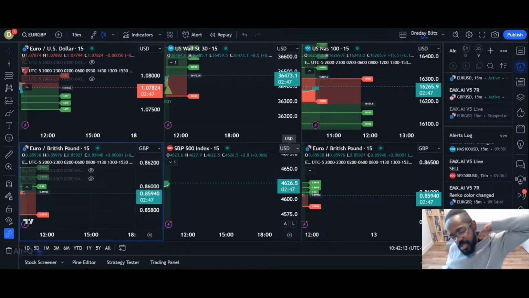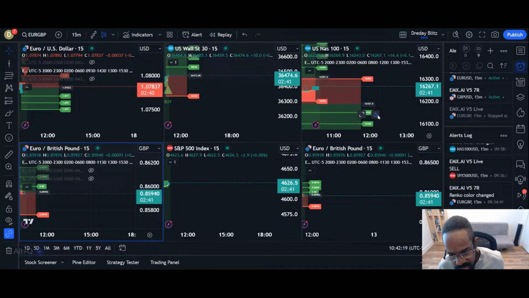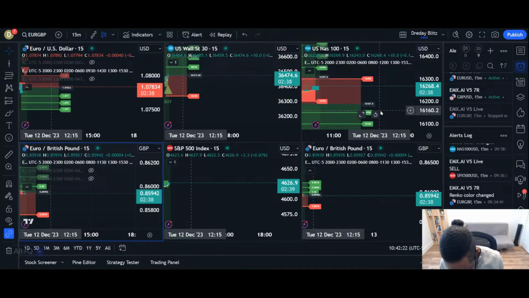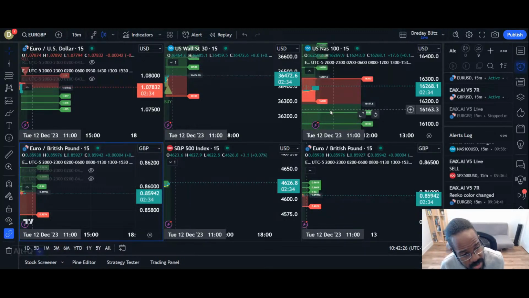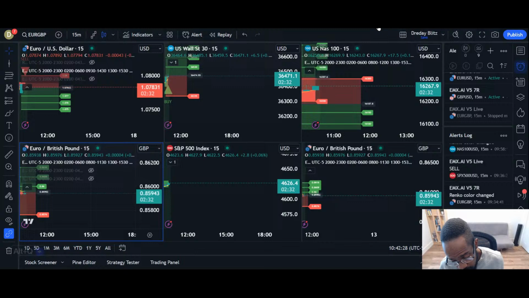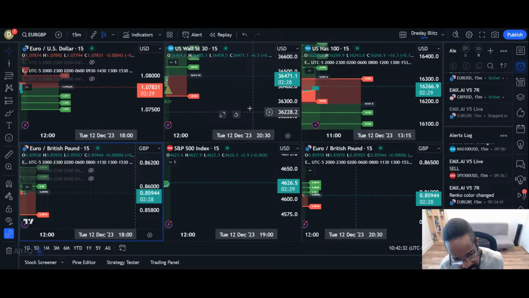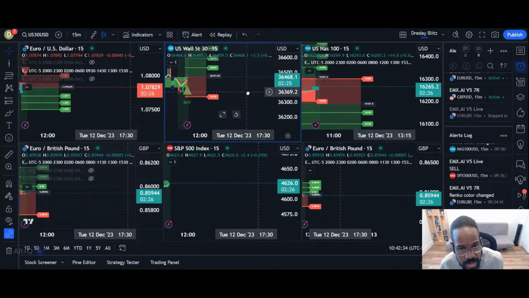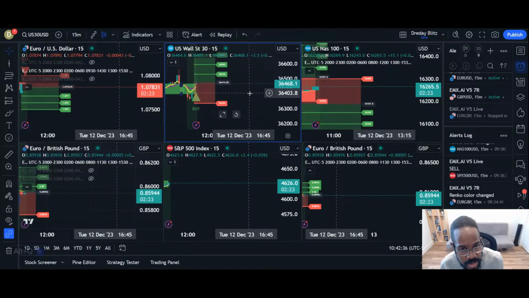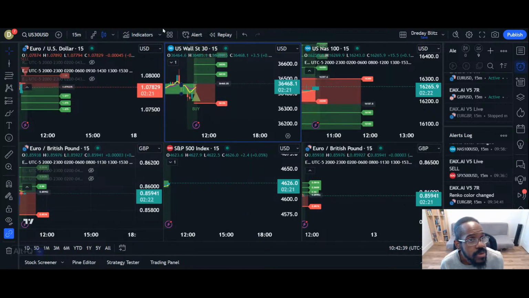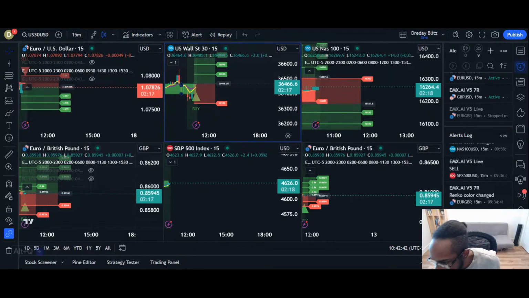I'm still looking bearish on the indices. Euro GBP looking to go bearish. So Euro USD, GBP USD buy, Euro GBP sell, and for the indices, I'm looking for bearish movement overall for the rest of the week. That's pretty much it, guys. We'll reconvene tomorrow.